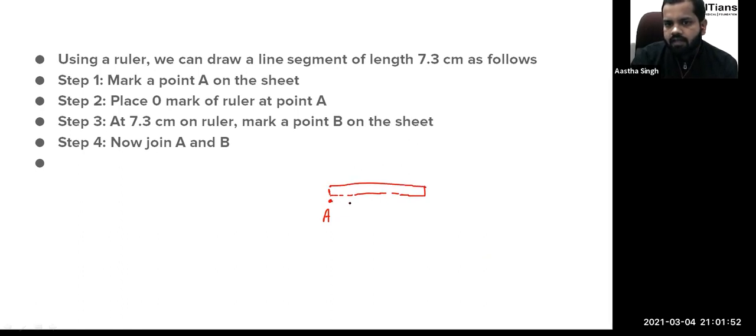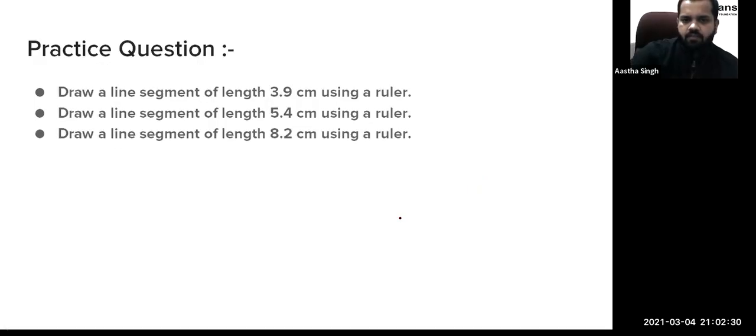At 7.3 on your ruler, mark B. This is 7.3 centimeters. So you just draw a line AB of 7.3 centimeters. It is that easy, guys.